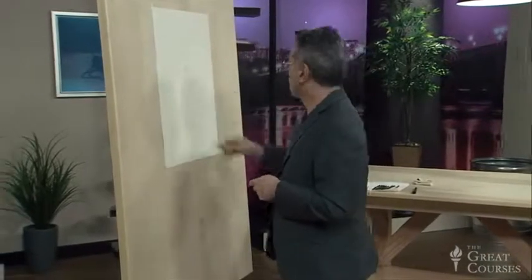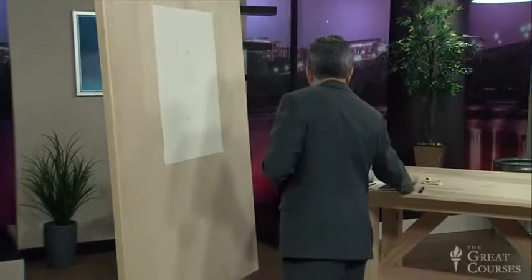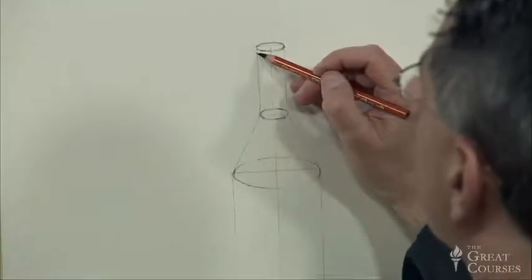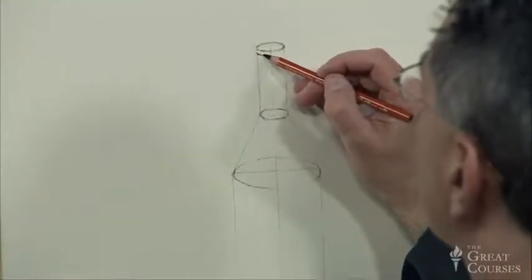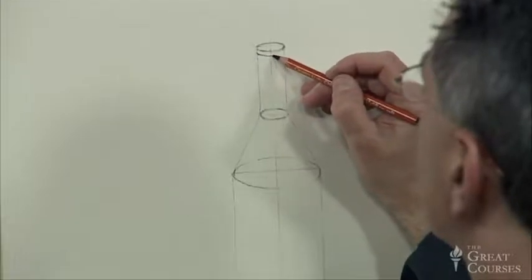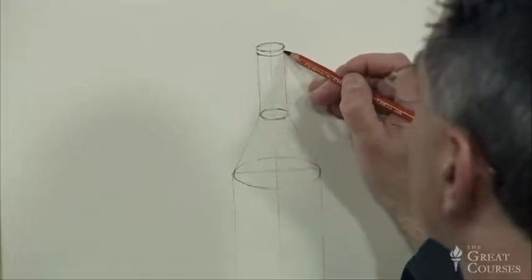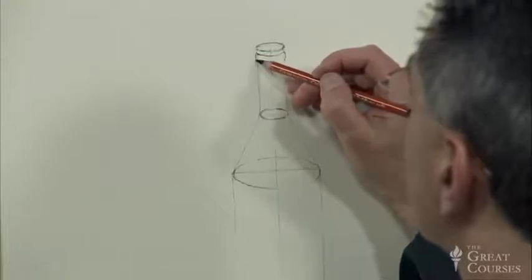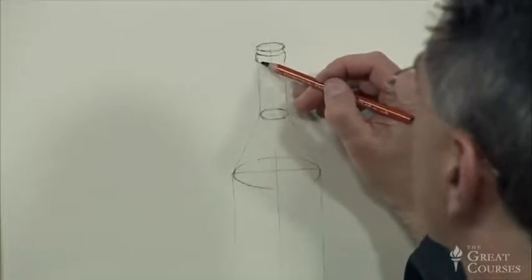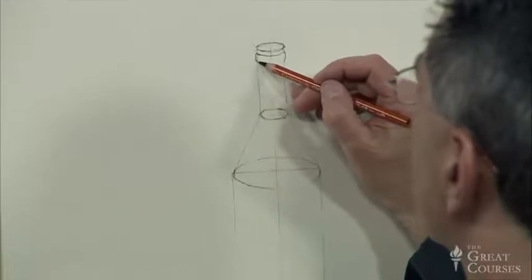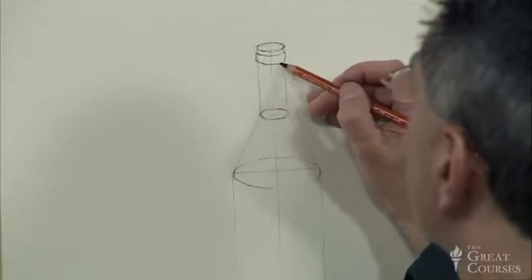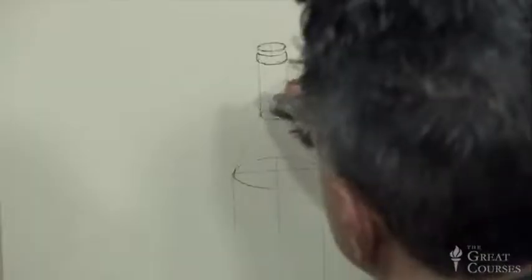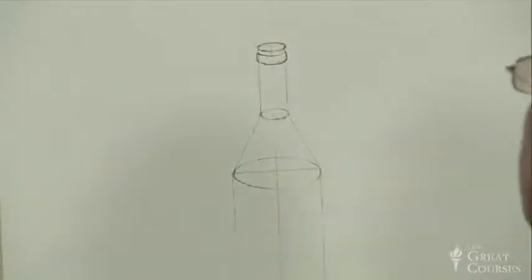For our collar, we'll go in and just draw a slight bulging cylinder. And we can then go in and begin to erase some of our construction lines.